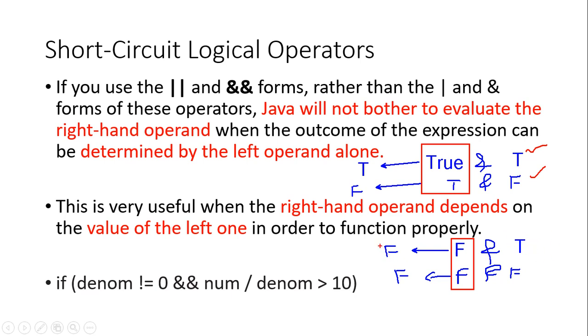So if the first expression is false, there is no need to evaluate the second expression, because the answer is decided by the first expression. Whereas if the first expression is true, the answer is not decided by the first expression. The answer is decided by the second expression.